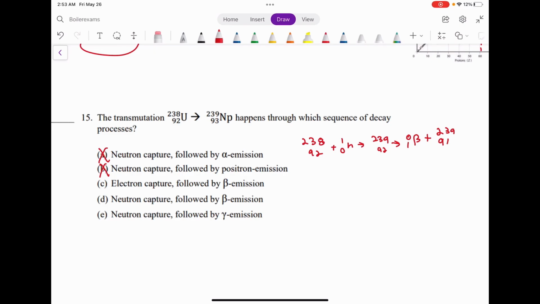Electron capture followed by beta emission. Let's check this one. This one shares a different first step, so I'm going to rewrite it. Okay. Electron capture, so that is 0, -1, beta particle. If we balance this, 238 and 91, and then beta emission.